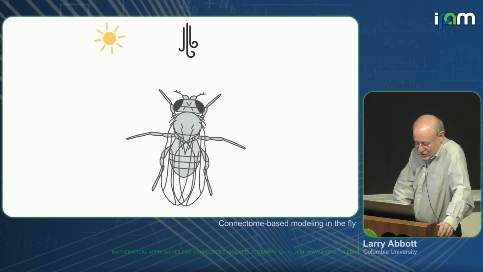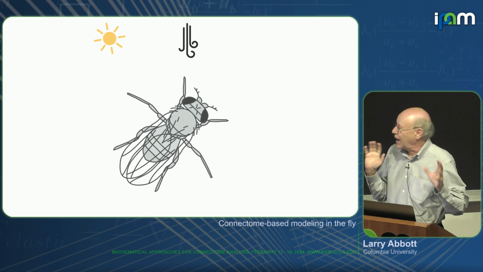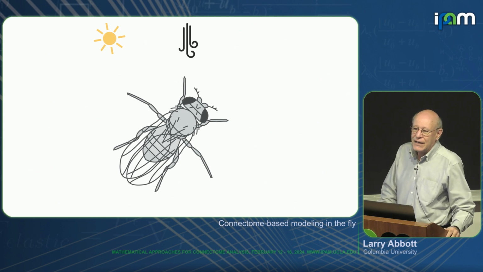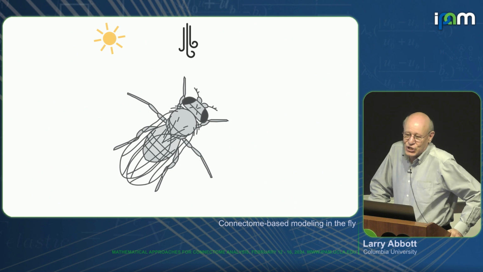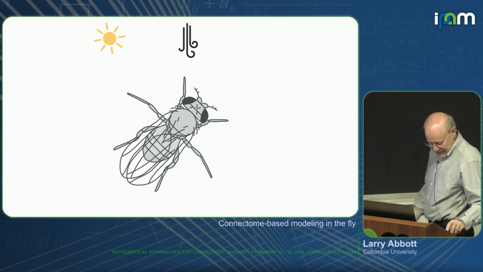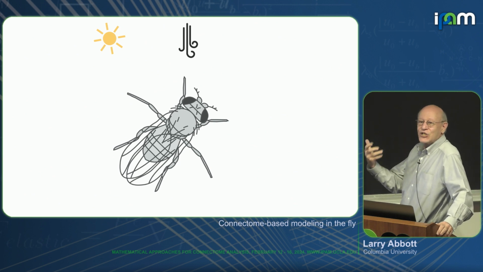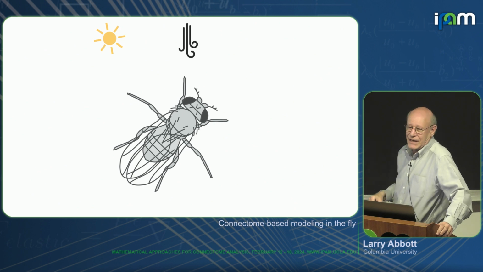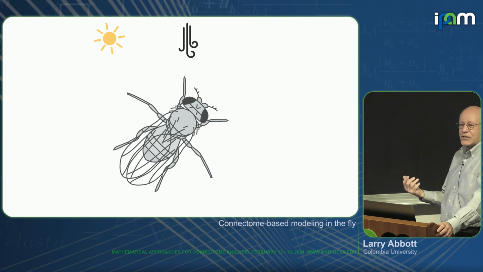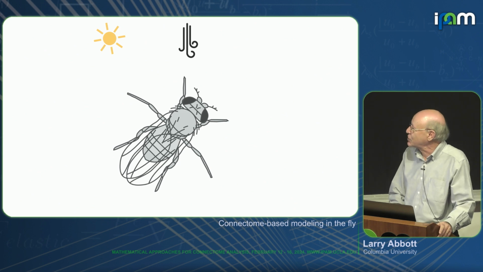Now if the fly turns, of course, the wind is going to affect the two antennae differently. And the question is, can the fly know that the wind didn't actually change? The fly turned, the wind didn't change. In fact, the fly does construct a representation of the wind in its brain that doesn't change in a case like this, and can detect the difference between turning causing the wind change, and the wind really changing.